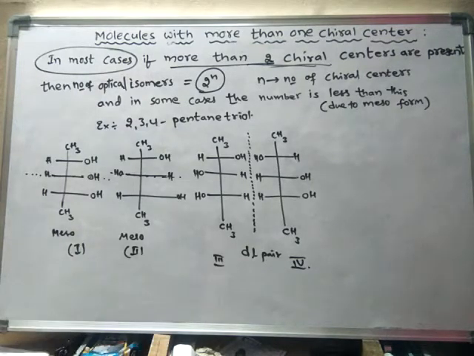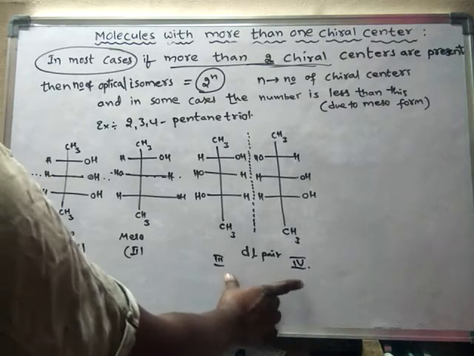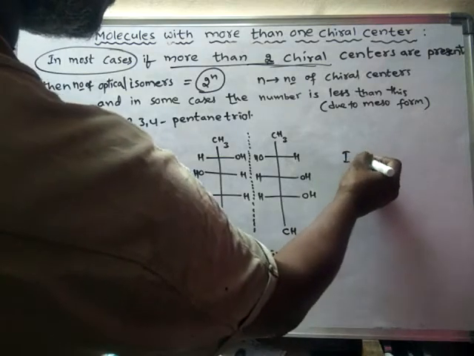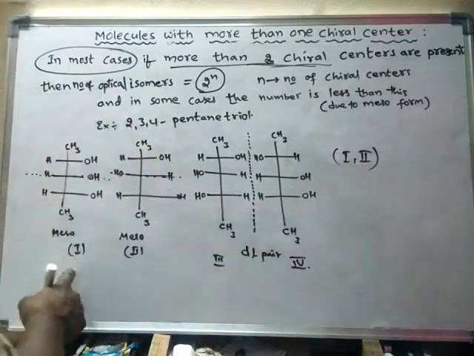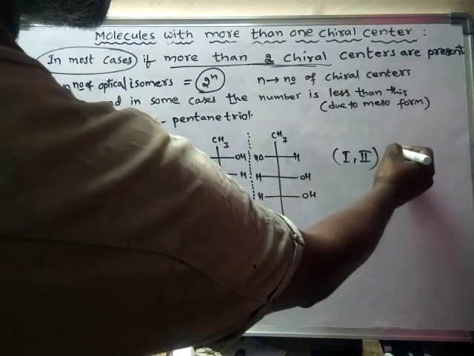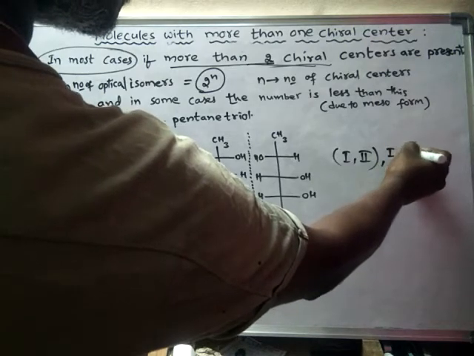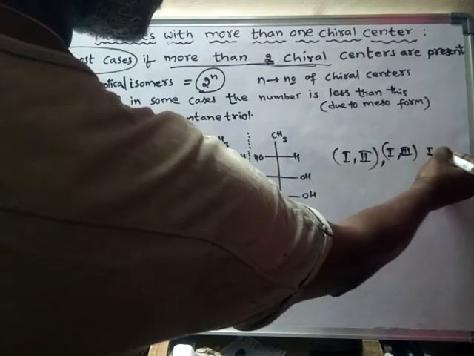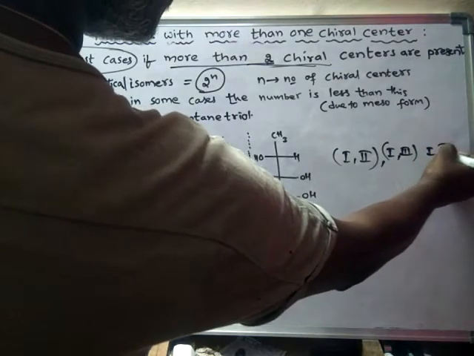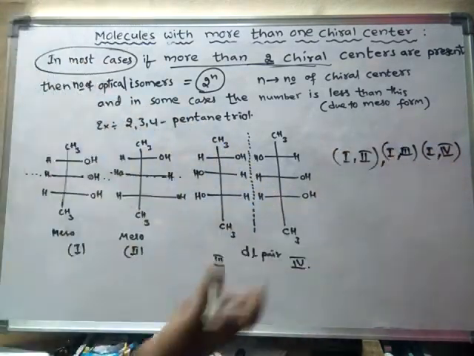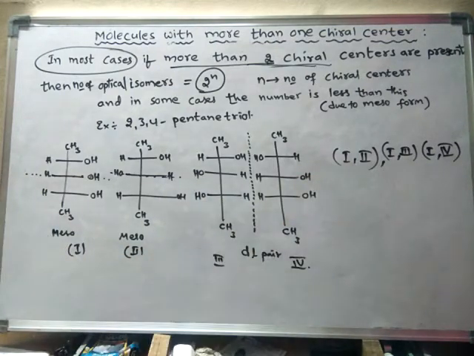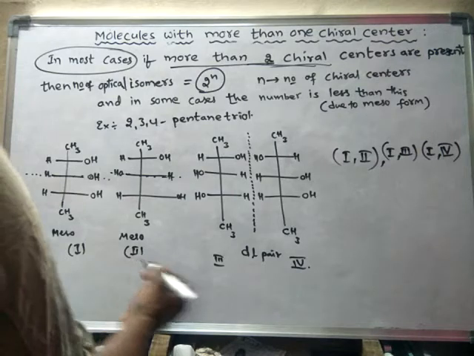In this case, the third and fourth structures are enantiomers. 1 and 2, or 1 and 3, and even 1 and 4, all these are not enantiomers. They are diastereomers. Even 2 and 3, and 2 and 4 also.